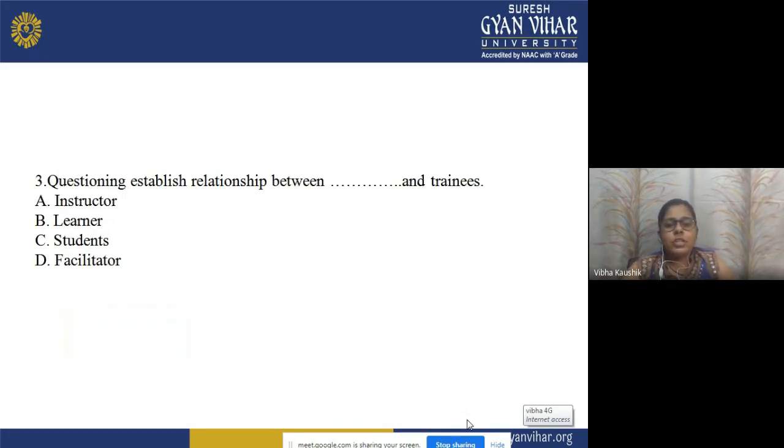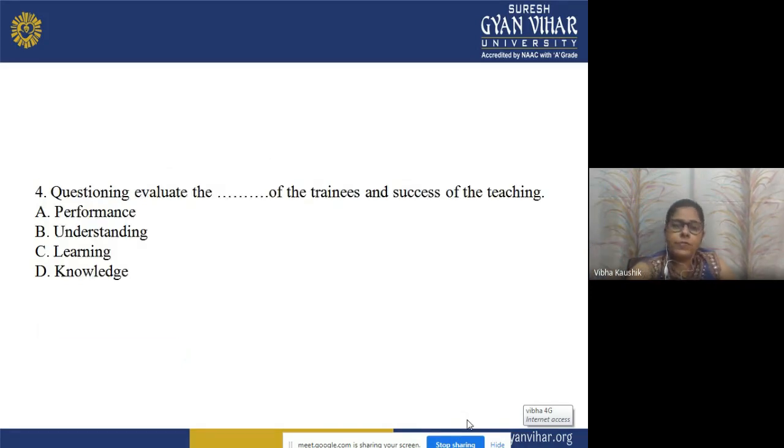Questioning establishes a relationship between dash and trainees. Between whom is the relationship established when the teacher is asking the question: A, instructor; B, learner; C, student; and D, the facilitator. So, questioning establishes a relationship between instructor and the trainees.